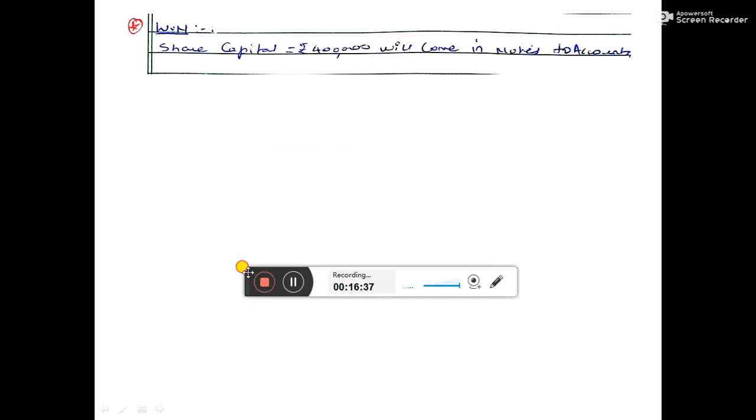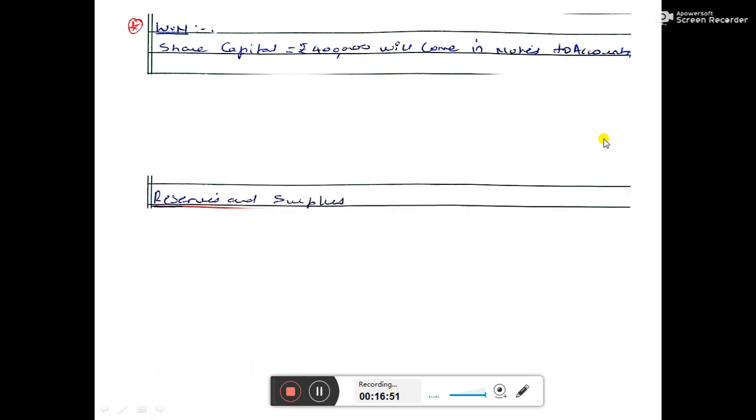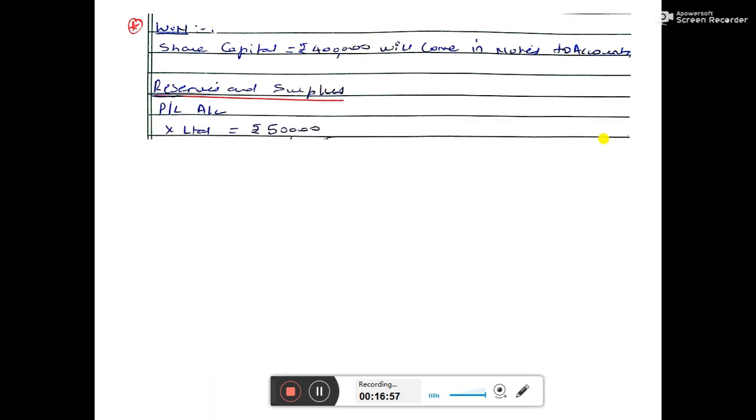The first working note is share capital. I already told you that only 4,000, that is share capital of the holding company, will come. It has to be shown in the consolidated balance sheet. Then reserves and surplus. In reserves and surplus, profit and loss account, X Limited is 50,000 given. For Y Limited, we will take 11,000, 90% holding.